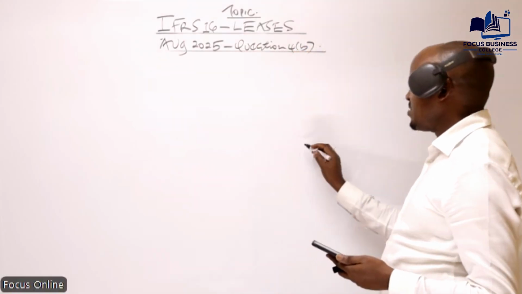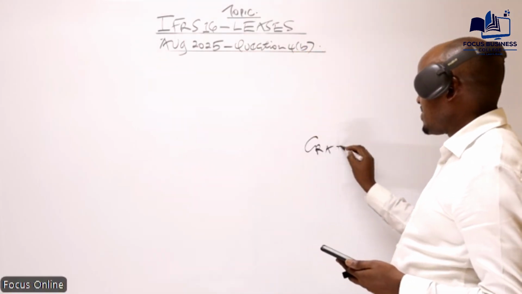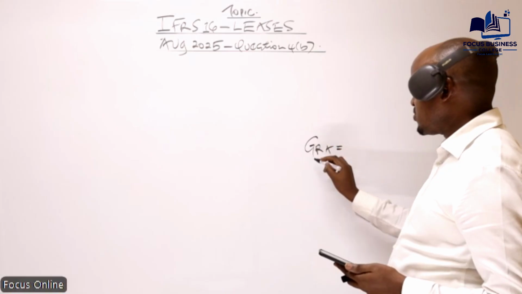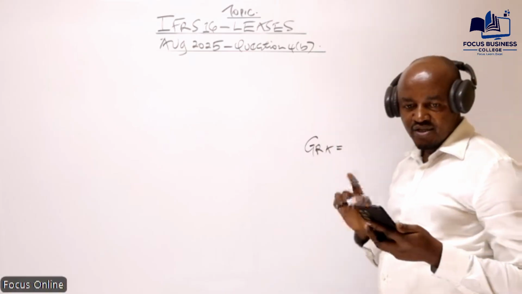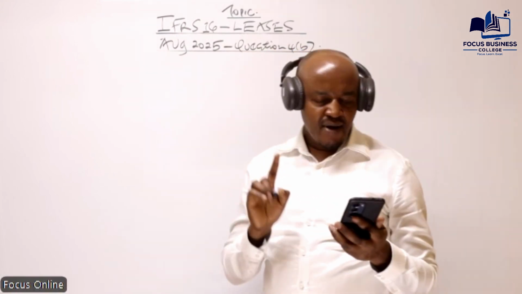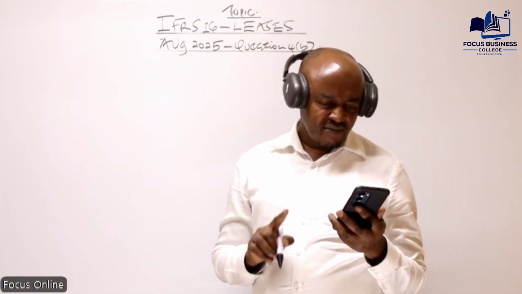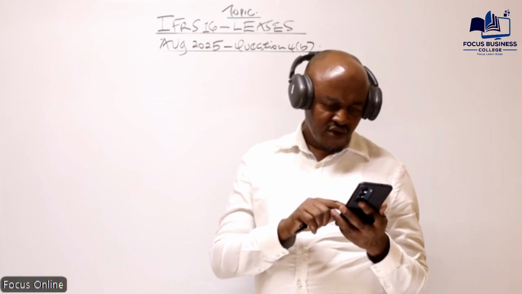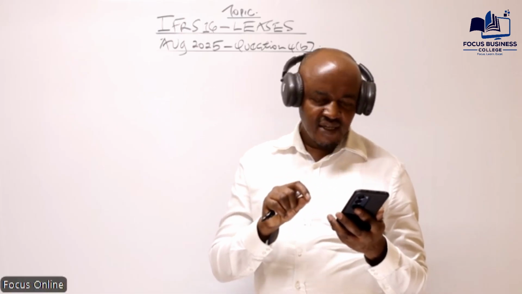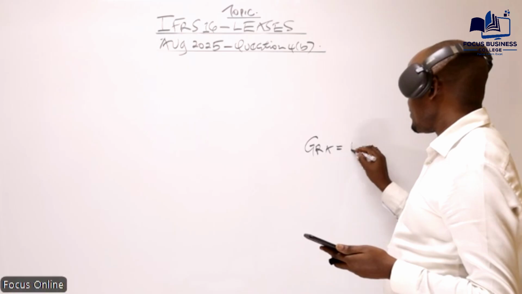What does that mean? In this particular question, we are given something called the guaranteed residual amount. So the guaranteed residual amount basically is the amount which is guaranteed by who? By Fgg, because you're told Fgg Limited has assured the owner that the value of this particular asset will not be less than 1 million.